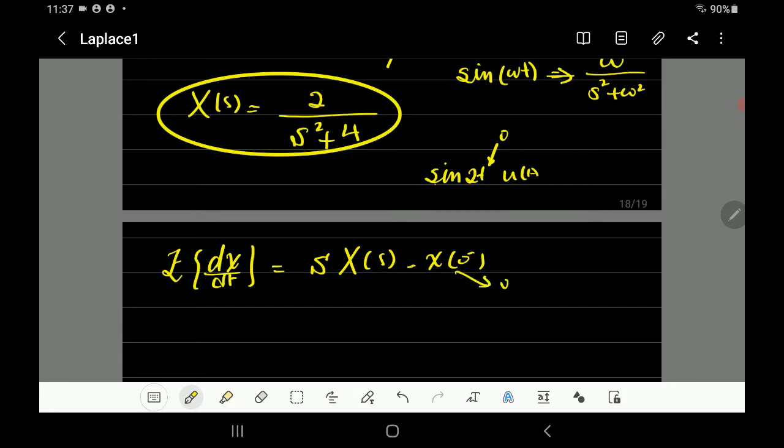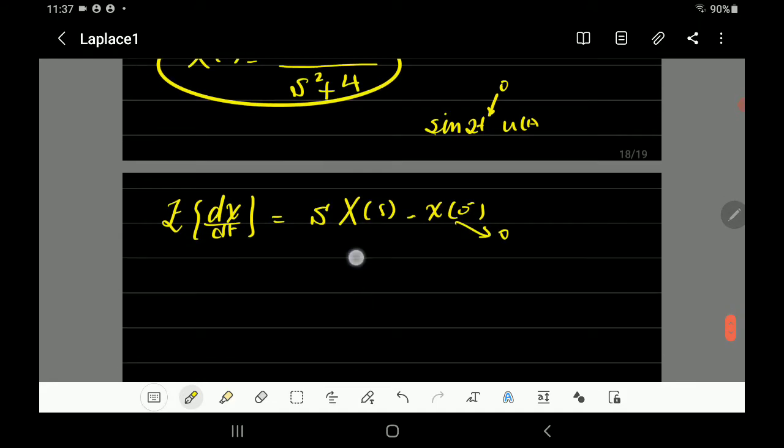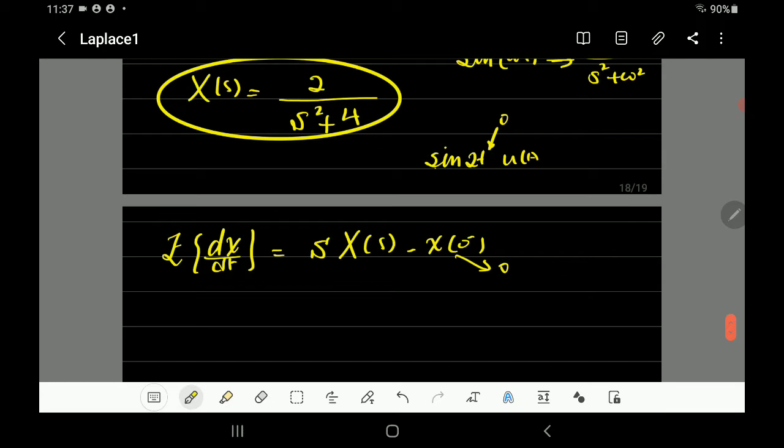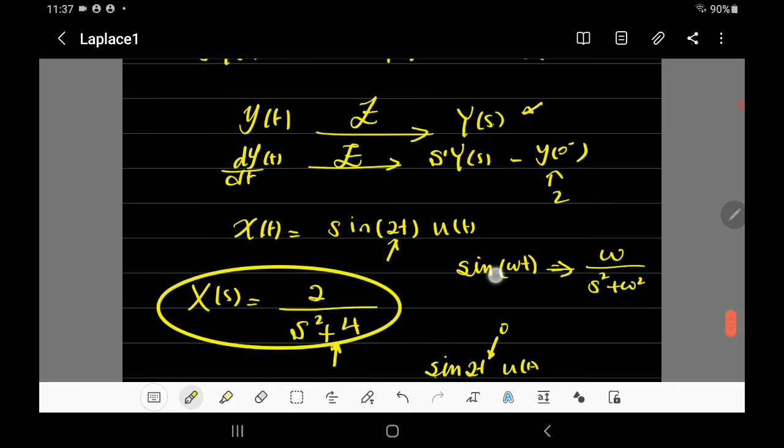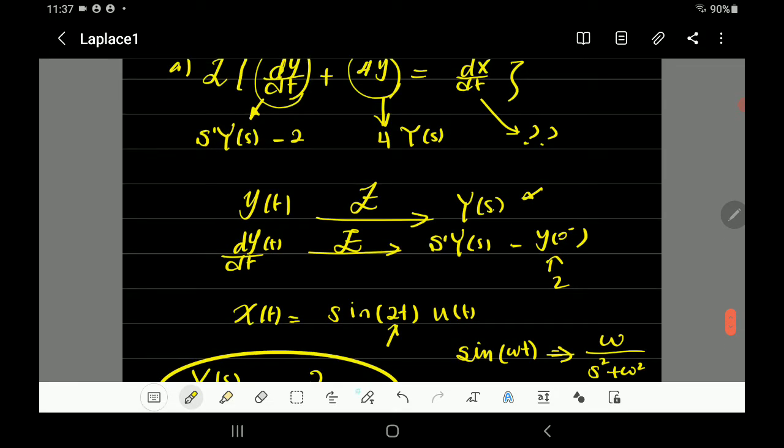So this value is equal to 0. And sX(s), you have X(s) equal to 2 over s squared plus 4. So in this case, you will have s times 2, which is 2s over s squared plus 4. And that will be the Laplace transform of dx/dt. So you have here 2s over s squared plus 4.